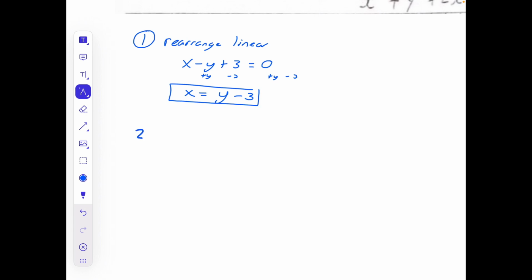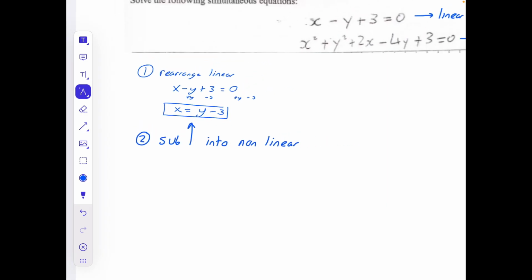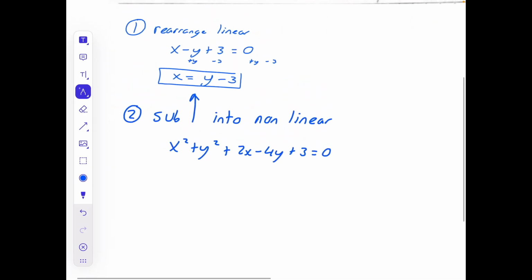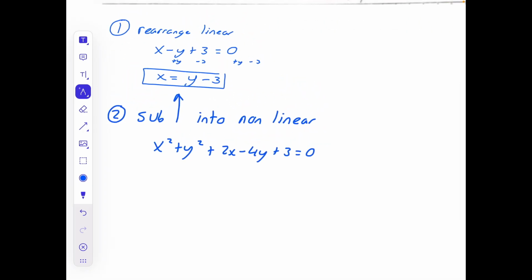Our step 2 then, we're going to sub that into our non-linear. Right now our non-linear is x squared plus y squared plus 2x minus 4y plus 3 is equal to 0. From step 1, we found out that x is the same thing as y minus 3.